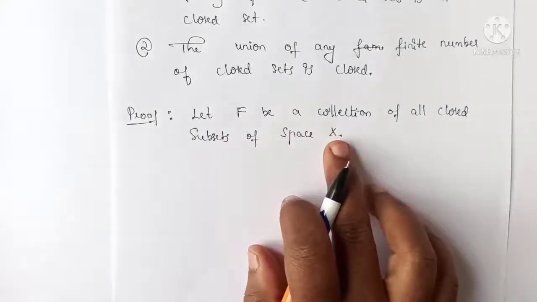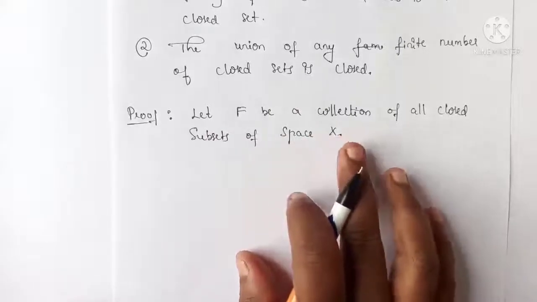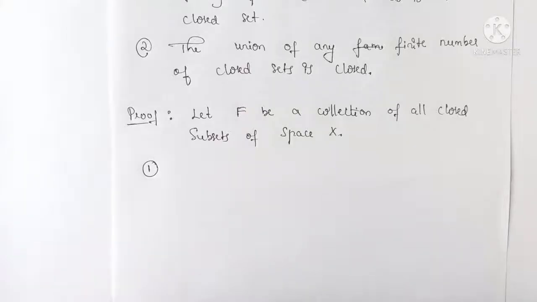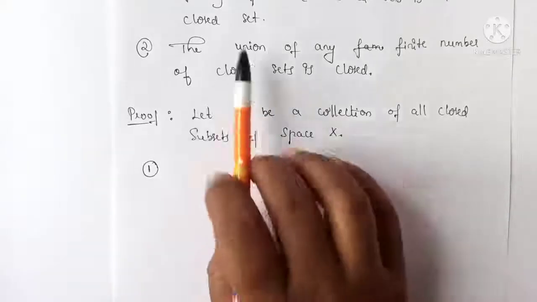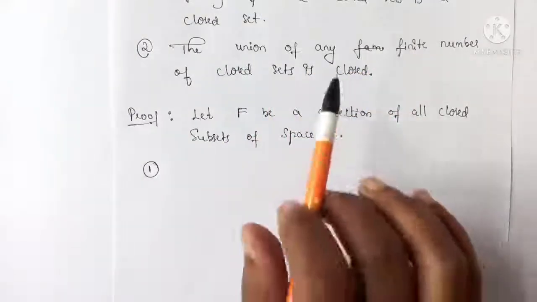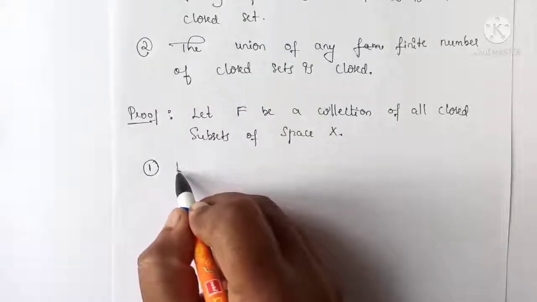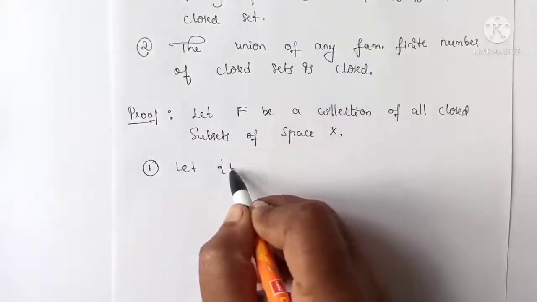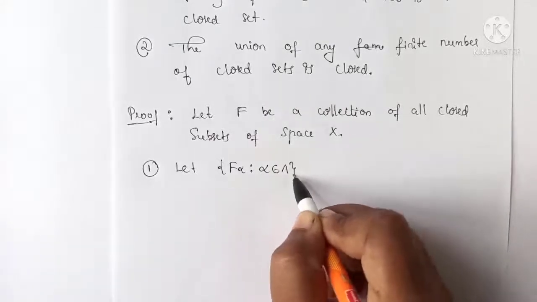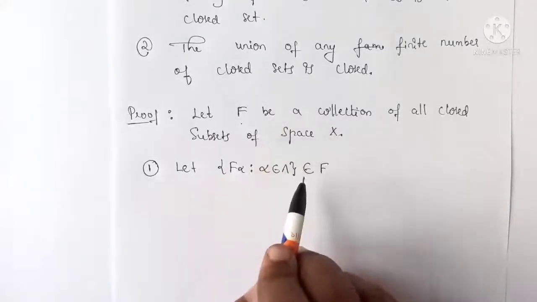Because there exists a topology on this X. Or you can use the word set X. Now first we prove that the arbitrary intersection of any family of closed sets is closed. For that, let F alpha, where alpha belongs to the index set, belong to F. F means it is the family of closed sets.